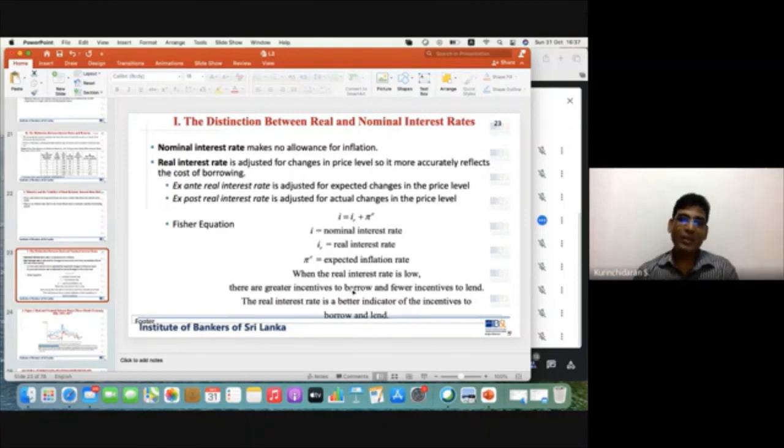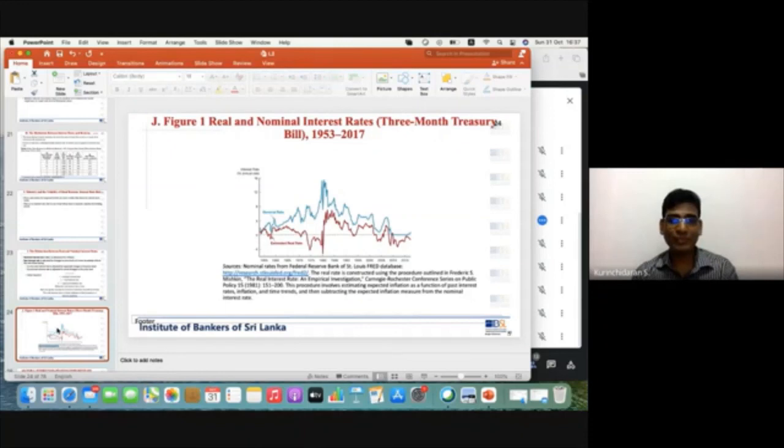Right? Okay, so if you see this graph, the real and nominal interest rates, these are the US 3-month treasury bills, 1953 to 1970. It's basically from the book for understanding, right? Okay, so the blue color is the nominal interest rate.